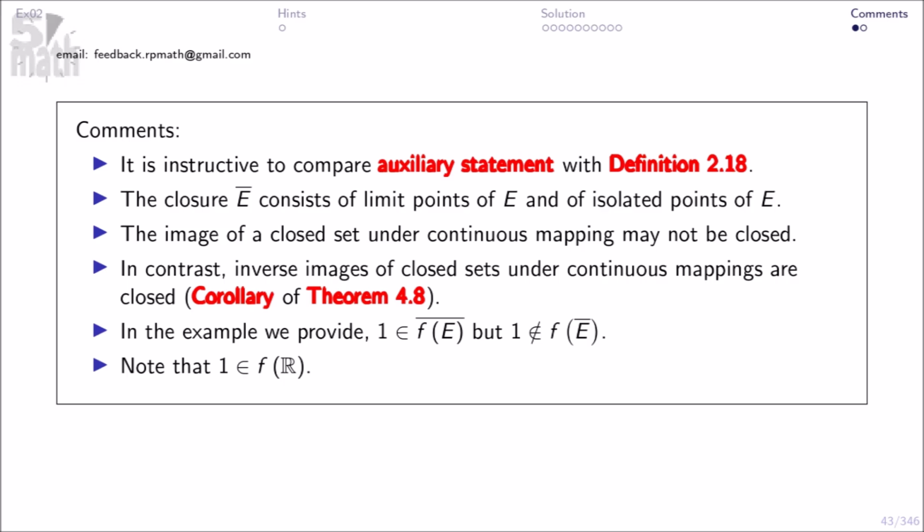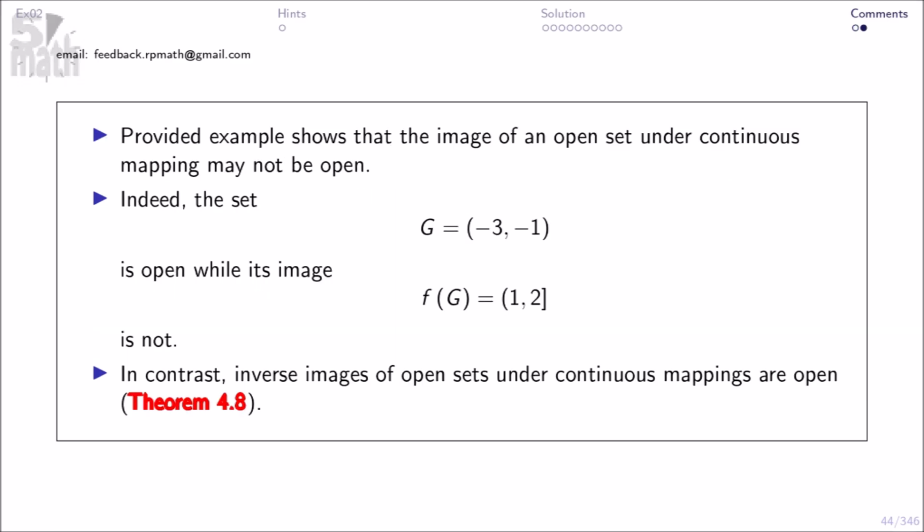Corollary of Theorem 4.8. In the example, we provide this, but that. Note that one element of f of R. Provided example shows that the image of an open set under continuous mapping may not be open.